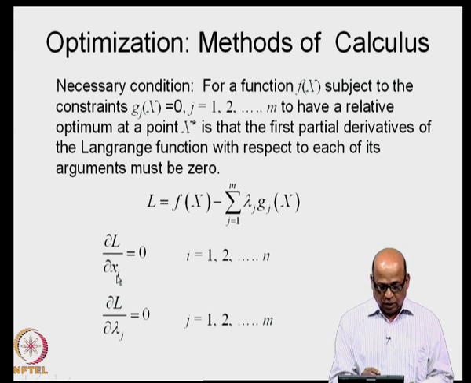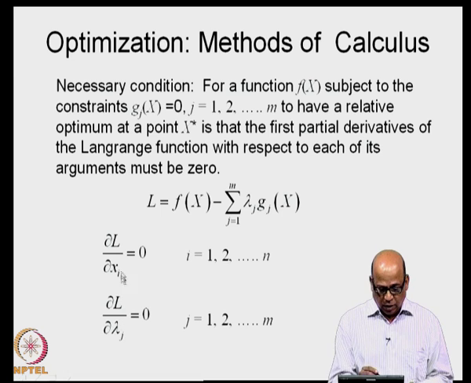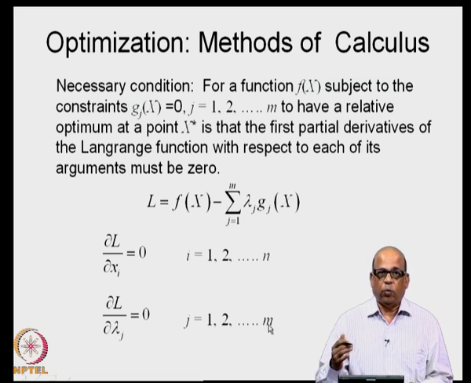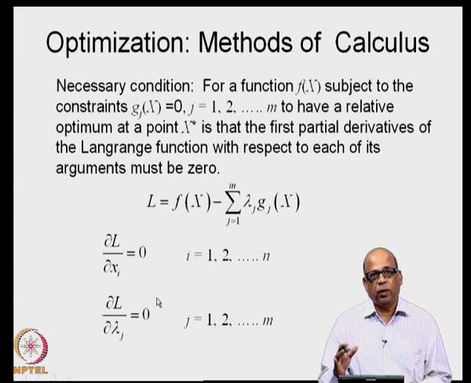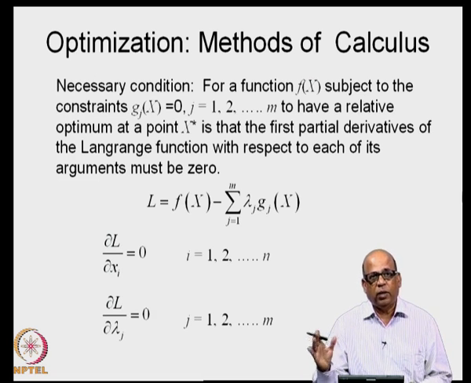So, dL by dxi is equal to 0 for i equal to 1 to n, dL by d lambda j must be equal to 0 for j equal to 1 to m. So, you formulate n plus m equations, there are n equations here, and m equations here. So, n plus m equations, solve them simultaneously, you will get solutions for these n plus m variables. What are the n plus m variables? x1, x2, x3, etc., xn, lambda 1, lambda 2, lambda 3, etc., lambda m.